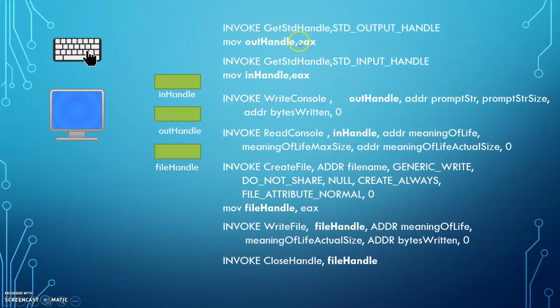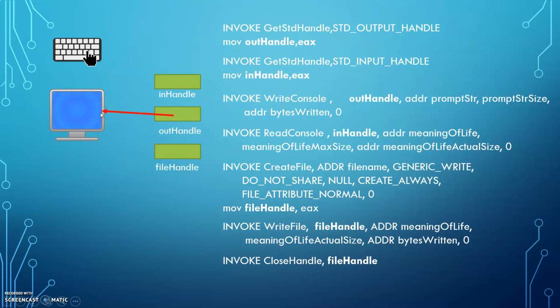When that runs, it loads the value in the EAX, and we store it in this variable so that later when we want to do things to the console, like here, we will display to the console using the handle that we have. A whole bunch of objects have handles, and we're saying this particular object represents the console.